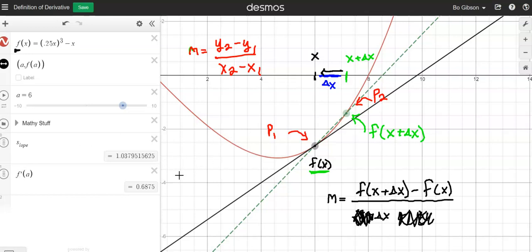So f prime of x is equal to the limit as delta x goes to 0 of f of x plus delta x minus f of x, over delta x. If we can evaluate that limit, then we'll know the slope or the rate of change of this function at this particular point.